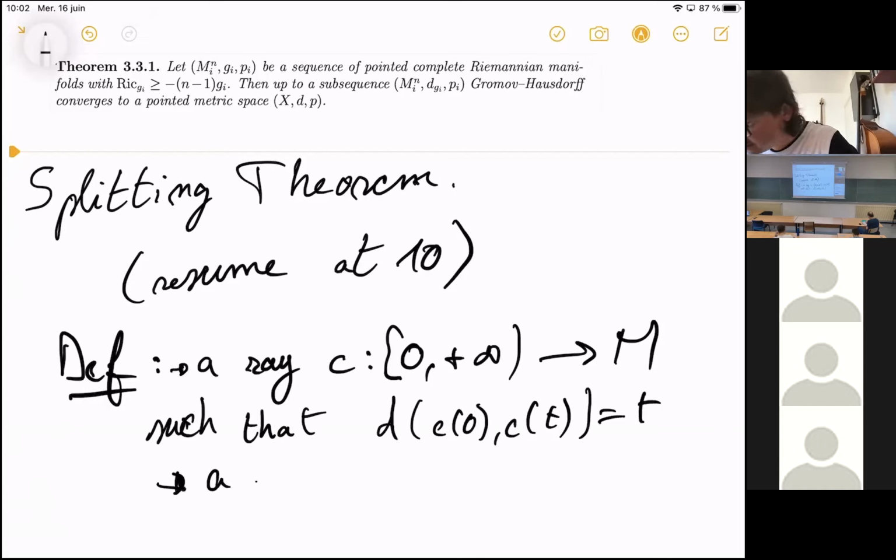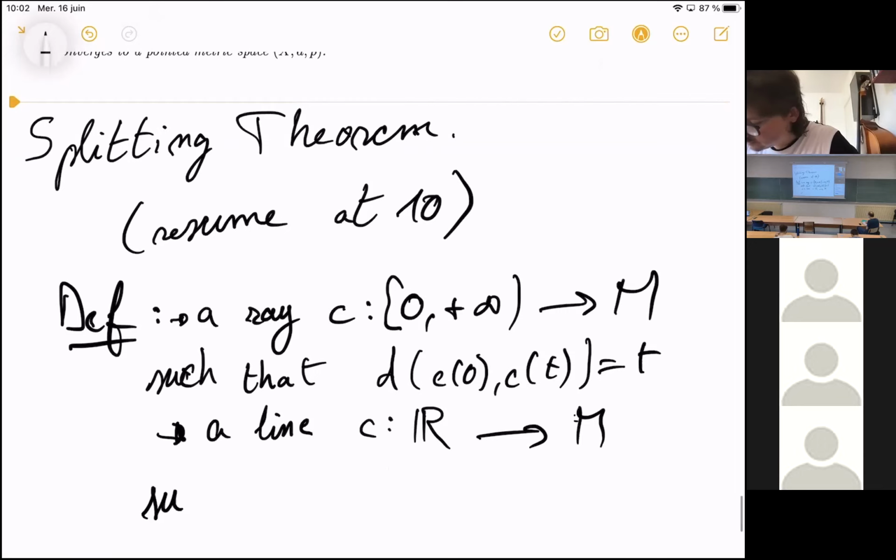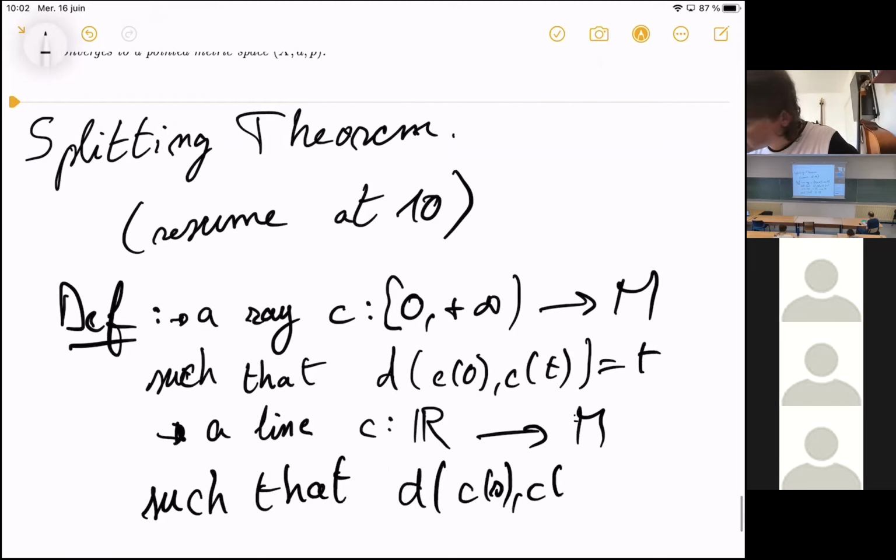and a line is more or less the same thing, but such that the distance from c(s) to c(t) is equal to t minus s in every direction.